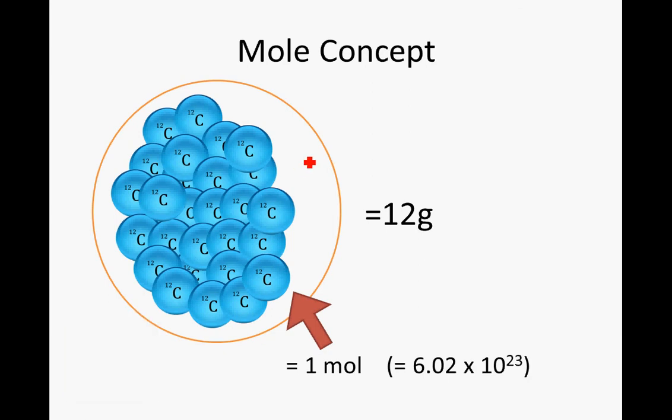If next time it is 16O inside here, then 1 mole of 16O would equal 16 gram. Then I hope you know this mole has its meaning. This is the quantity, so that 1 mole of 12 carbon atoms equals 12 gram, 16 oxygen equals 16 gram.